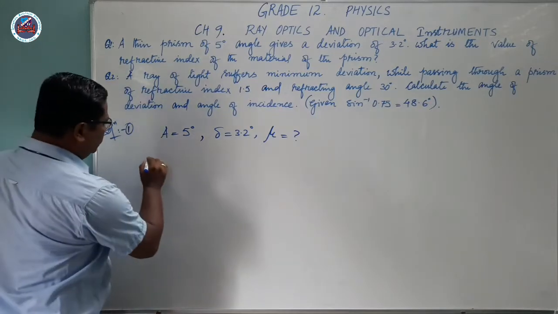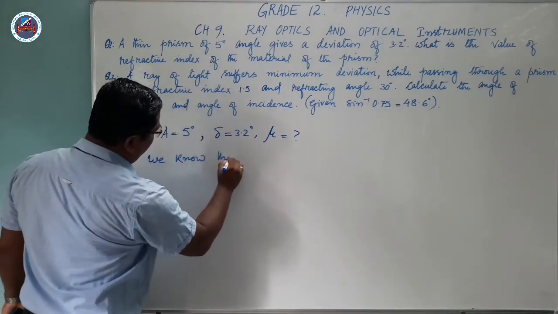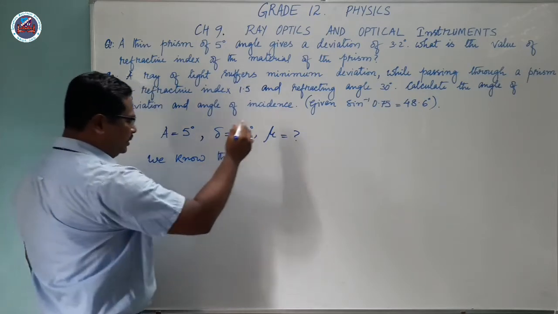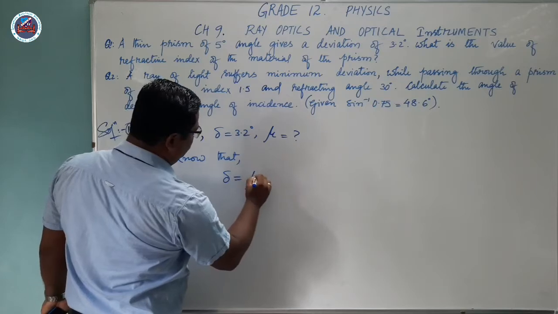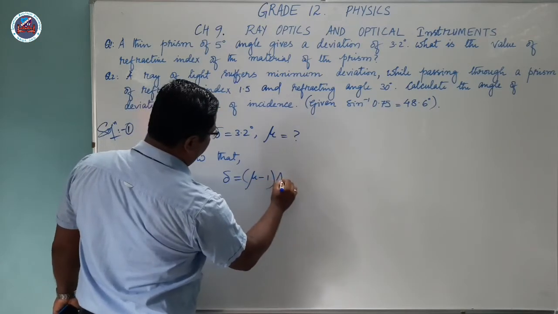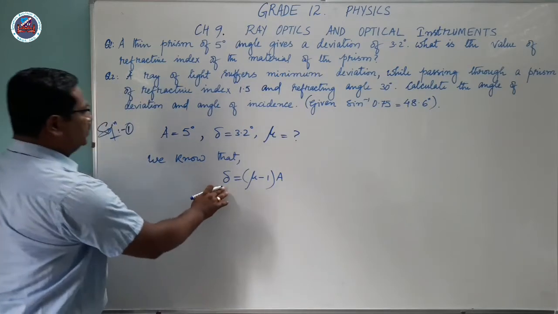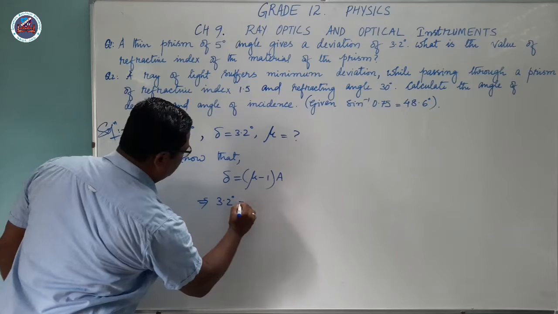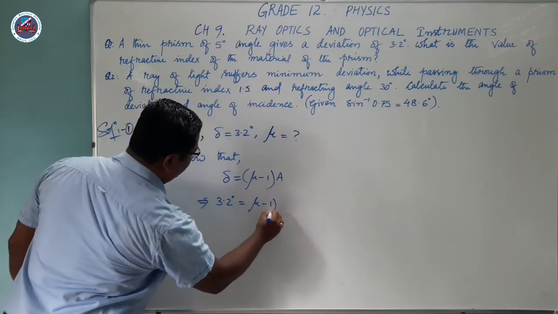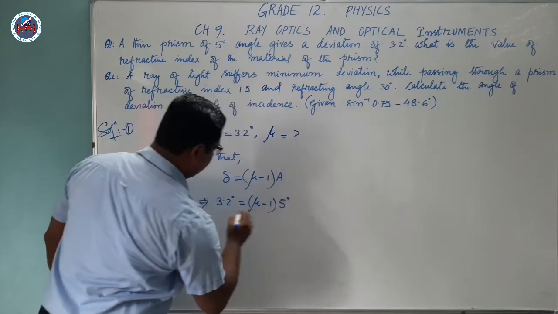Now, as we know that for a thin prism, angle of deviation is equal to (mu minus 1) into angle of the prism. This is a relation we know for a small angle prism. Del, the deviation angle is 3.2 degrees. Refractive index we are going to find out, and angle of the prism is 5 degree.